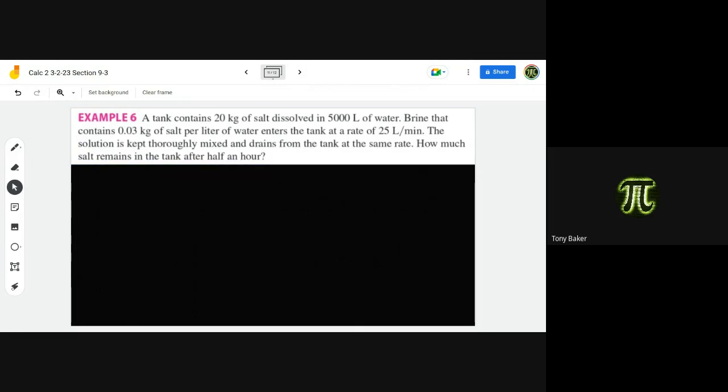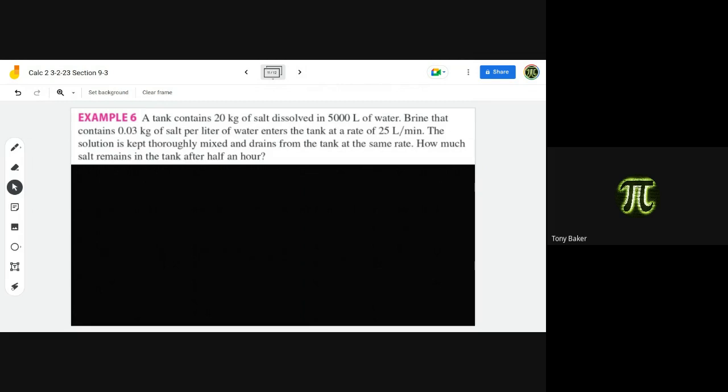We have a tank containing 20 kilograms of salt dissolved in 5,000 liters of water. The saltwater pool. The brine that contains 0.03 kilograms of salt per liter of water enters the tank at a rate of 25 liters per minute. The solution is mixed and drains from the tank at the same rate.